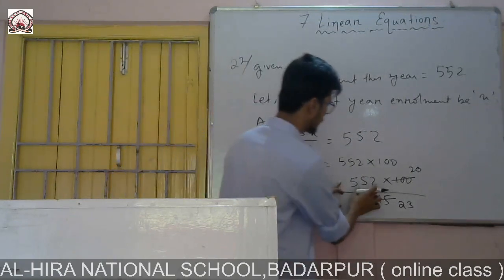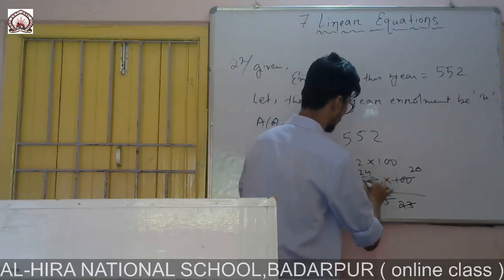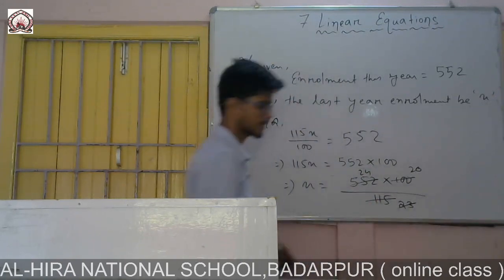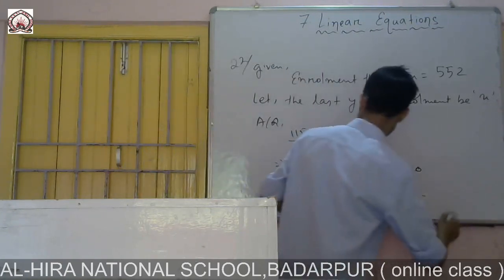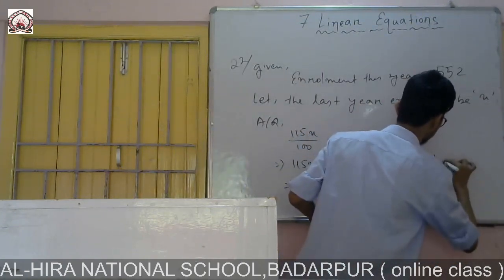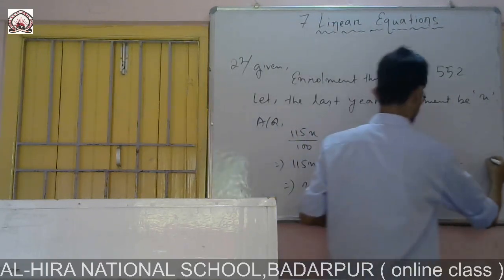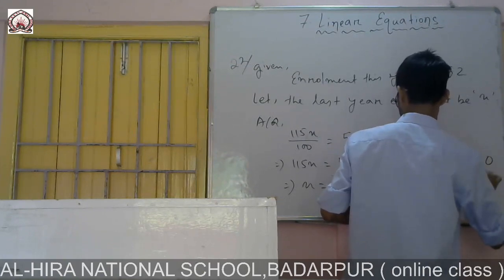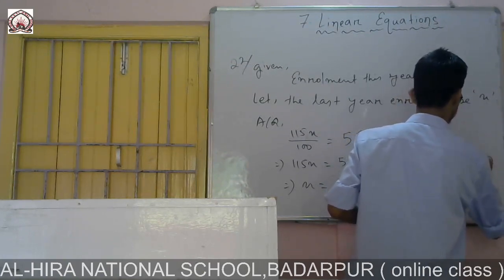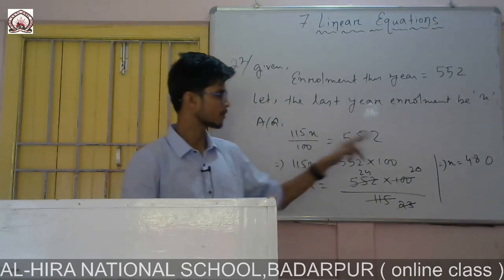If we divide 552 we will get 24 times. So the value of x is equal to 24 into 20. 0 will be there, and 2 2s are 4, and 2 4s are 8, that means 480. That means the last year enrollment was 480.